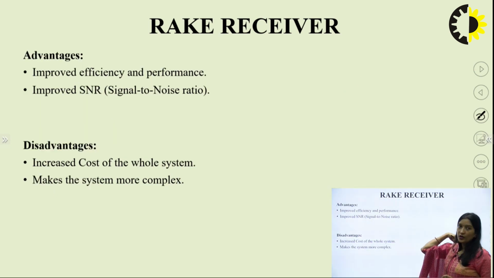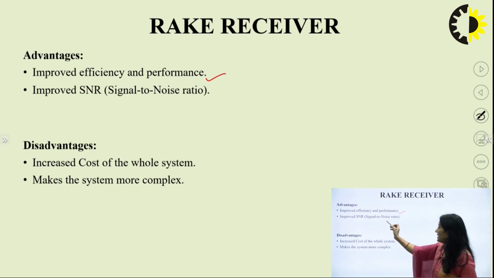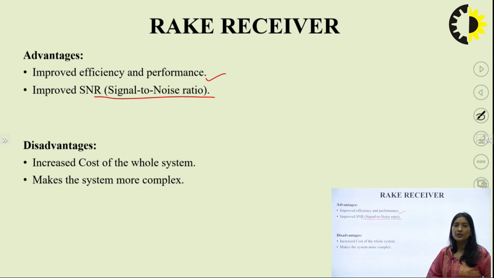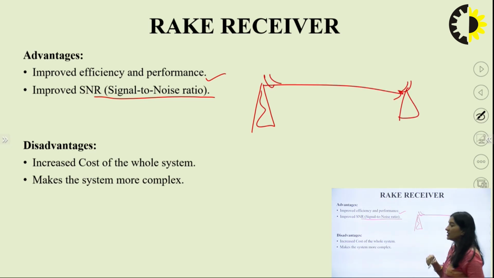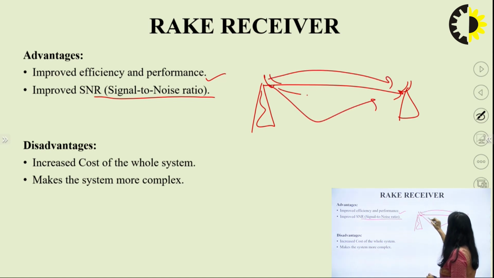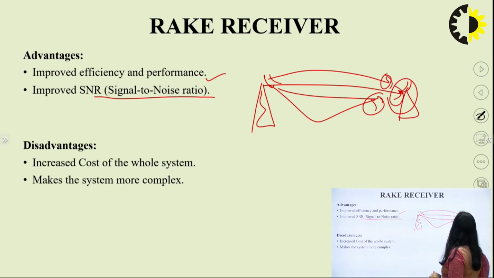Now these are the advantages and disadvantages of the RAKE receiver. First, it improves the efficiency and performance of a CDMA system. Second, it also improves the signal to noise ratio. How does it improve the signal to noise ratio? Let's say I only consider the direct line of sight part which is received at the receiver, and I ignore all the shifted versions, so only this signal is detected.